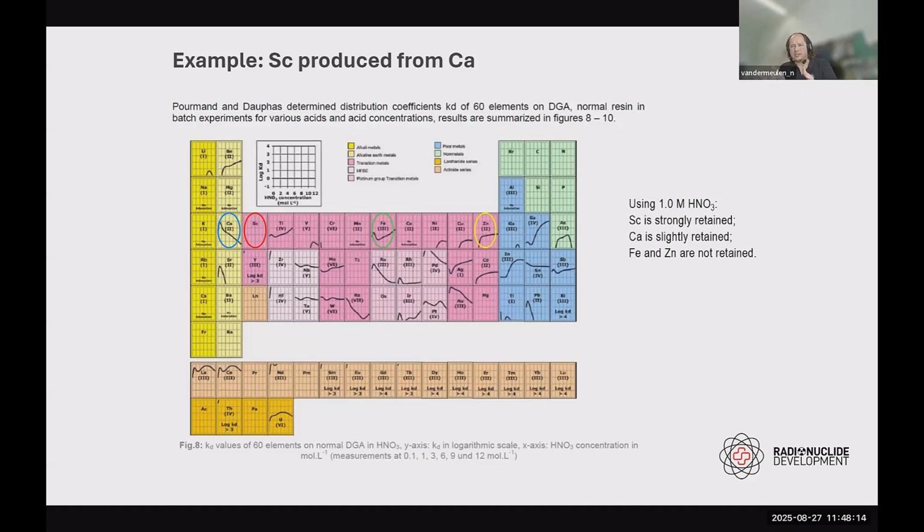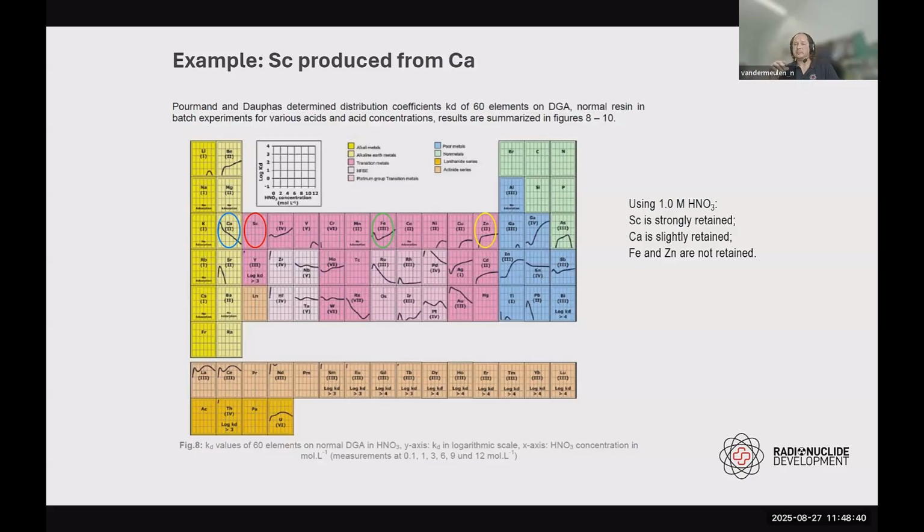And then you take that solution and pass it through your DGA resin column. You will see that your scandium is strongly retained, your calcium, some of it goes through, some of it is left behind, but your iron and your zinc are not retained. They go right through the system. So already you are getting rid of your chemical impurities as part of this initial separation.